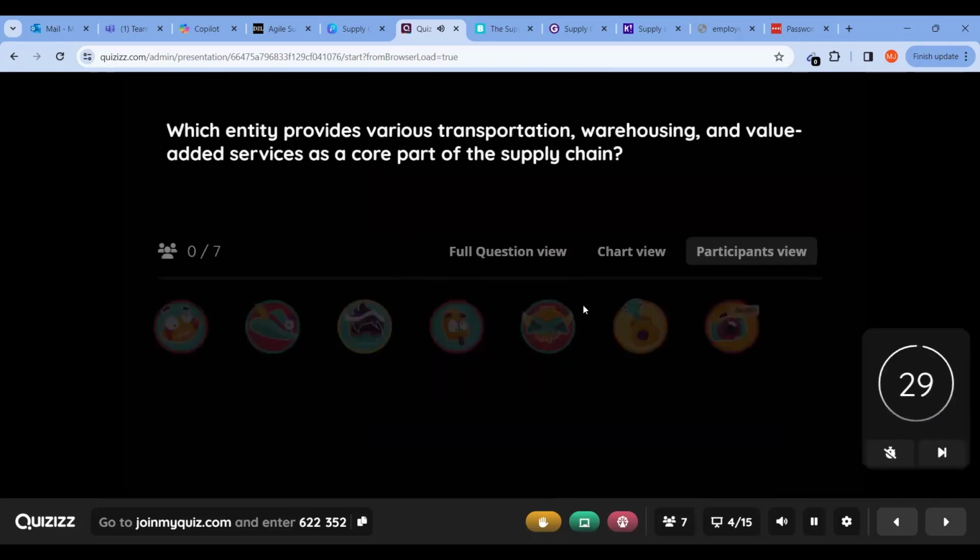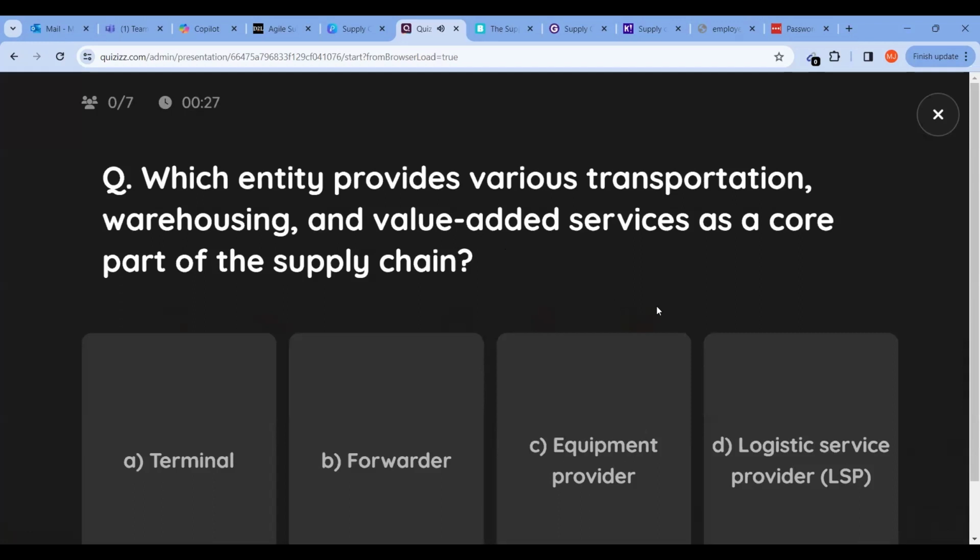So which entity provides various transportation, warehousing, and value-added services as a core part of the supply chain?